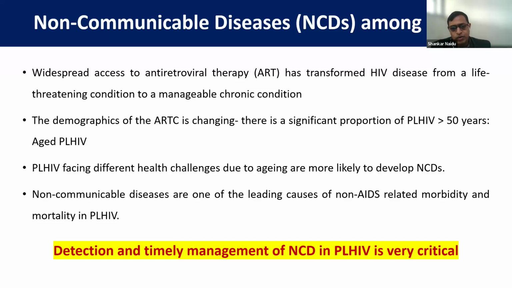So there is an increased prevalence of non-communicable diseases among PLHIV compared to the initial few years of the disease course. PLHIV also face different health challenges due to aging and are more likely to develop NCDs. These NCDs are becoming one of the leading causes of morbidity and mortality in PLHIV. So the detection and timely management of various NCDs, which I'll be discussing in the subsequent slides, is very critical in holistic management of PLHIV.